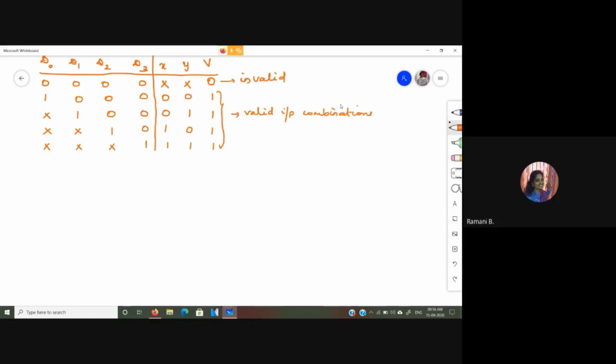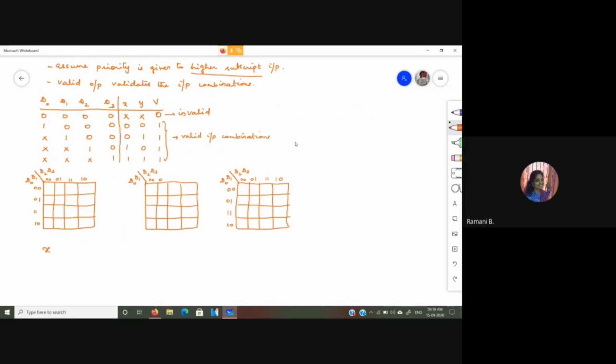Okay. So now we need to find the expression for X, Y and B. So our inputs are D0, D1, D2 and D3, for X, Y and B. So here you have the combinations.